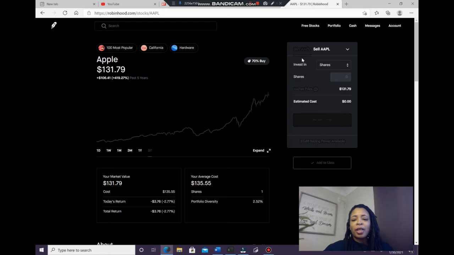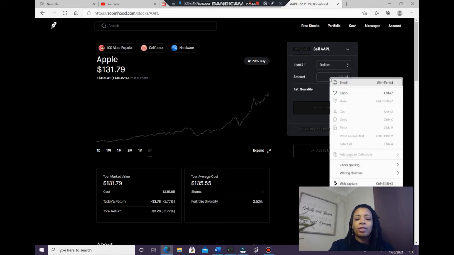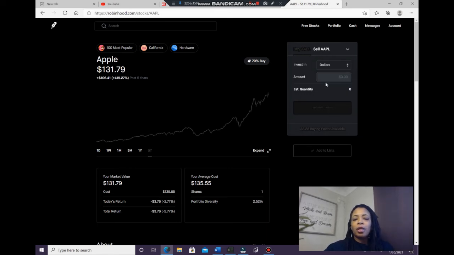This over here is where you buy and you can sell Apple. On this platform, you could buy incremental shares. So you could buy whole shares, or you could buy in a dollar amount. So for example, say you wanted to spend $10. Then you would get 0.07 shares of Apple.